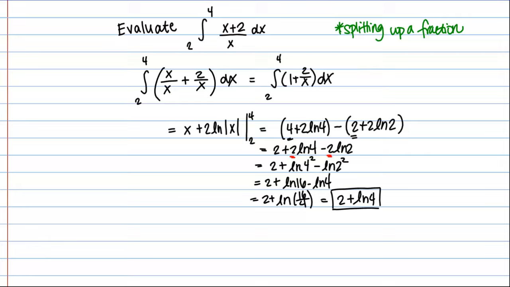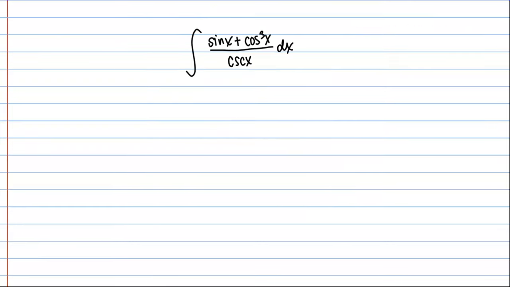Okay, so we see here how splitting up the fraction got us to a form that we could easily find the antiderivative of. Let's look at one more example of splitting up a fraction. Here I have the integral of sine of x plus cosine cubed of x all over cosecant x.